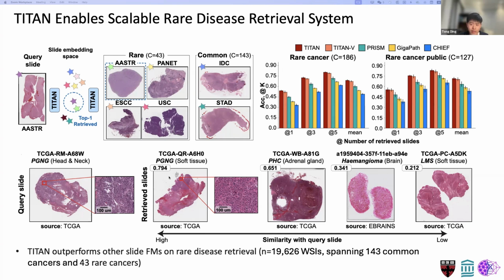And a very interesting finding is that another very high similarity score is obtained from a pheochromocytoma slide, achieving a similarity score of 0.65. And this actually agrees with the literature that both of these cancer types are morphologically tightly connected as rare neuroendocrine tumors.